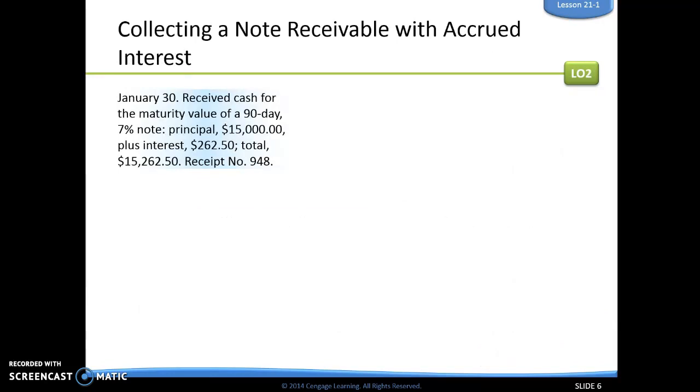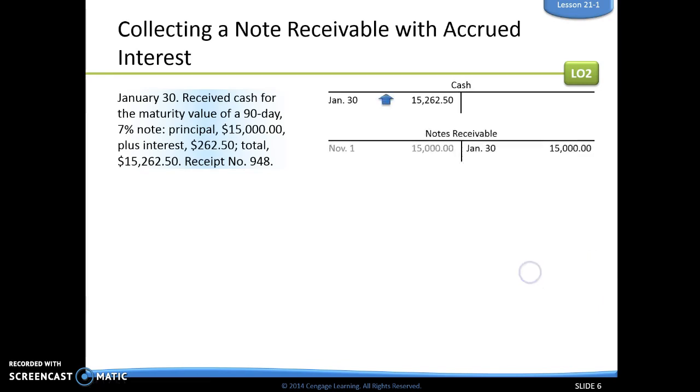Collecting a note receivable with accrued interest. On January 30th, we received cash for the maturity value of a 90-day 7% note. The principal was $15,000 plus interest of $262.50 for a total of $15,262.50. Receipt number 948. So we're receiving cash. We're going to debit cash for the total amount.